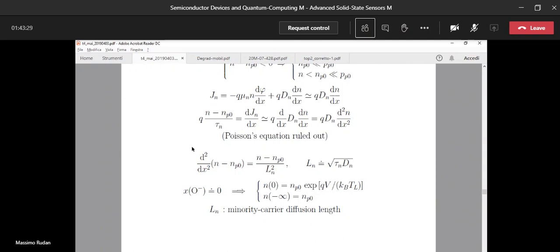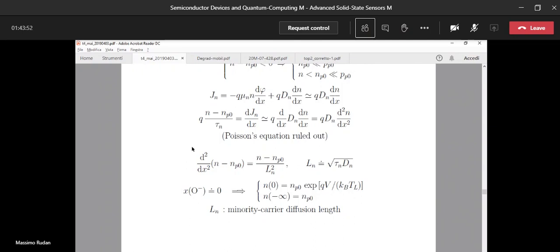It is a second order equation with constant coefficients, okay? Now we need, of course, since we have an equation of the second order, we need two boundary conditions, okay?